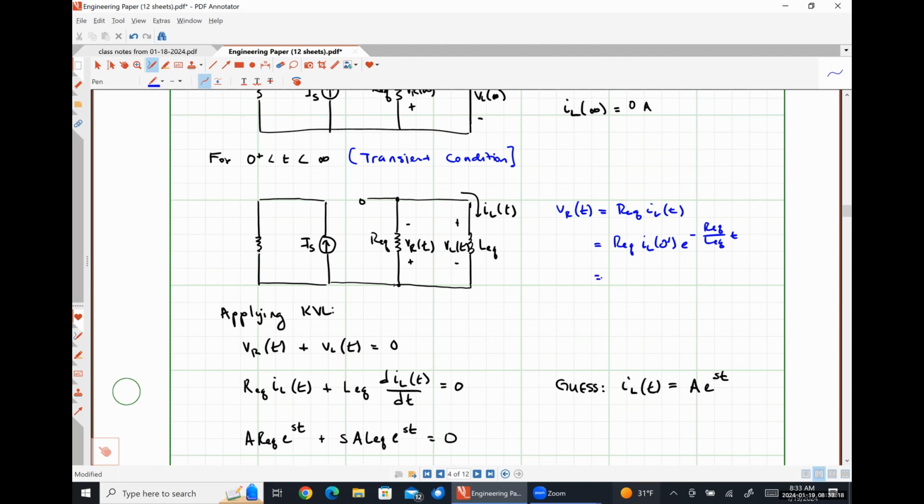And Req times IL at 0+ is literally just going to be the voltage drop across the resistor at t = 0+. So VR at 0+ e to the negative Req over Leq times time. Anybody have a problem with that? Literally, all we did was apply Ohm's law.